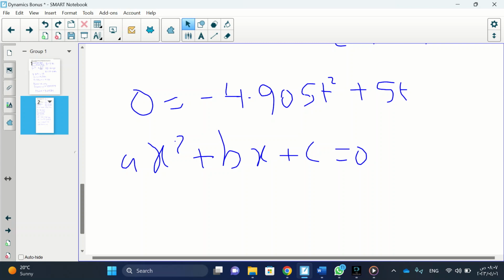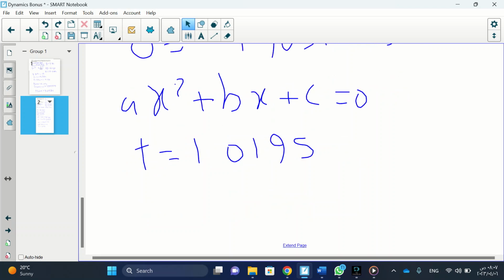So you will get two values: T equal 1.019 seconds, or T equals 0 seconds.